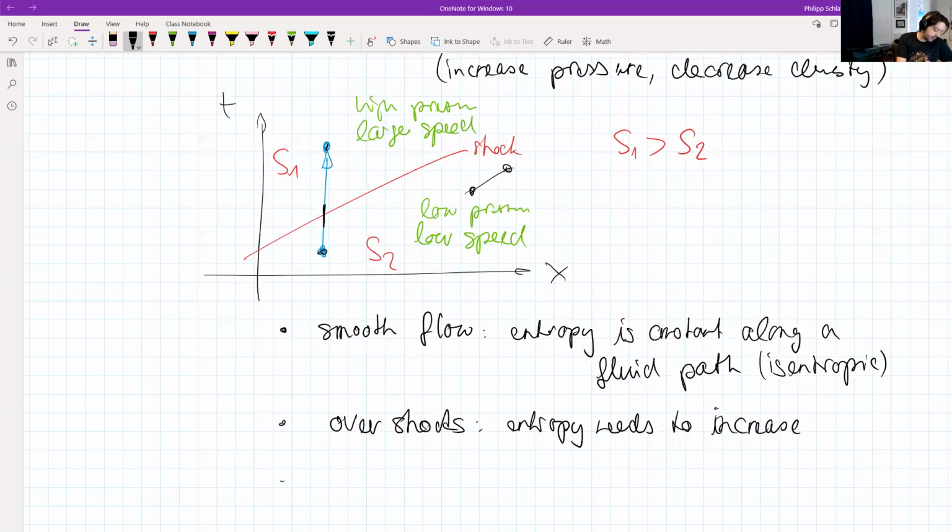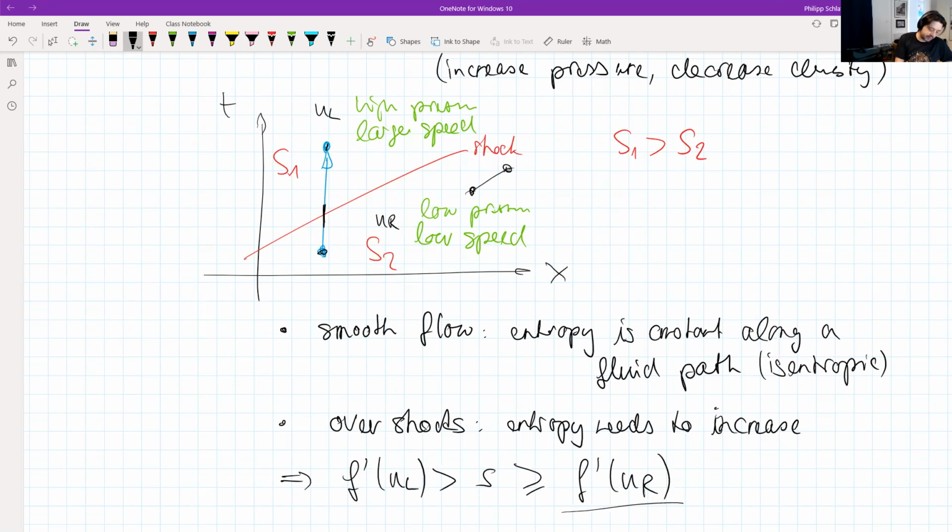And the conclusion that we can come up with is a condition which says that f prime of UL should be larger than the shock speed s and should be larger than the f prime of UR. So if this is now speed UR and this is speed UL, if I go over a shock, I would like to have my entropy increasing, which means I need to go from f prime of UR, which is the speed there, through the shock speed to UL.